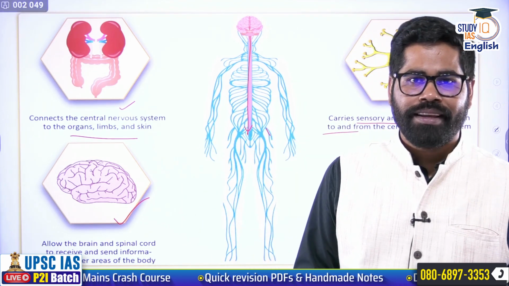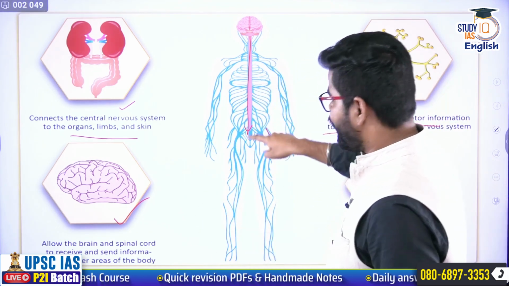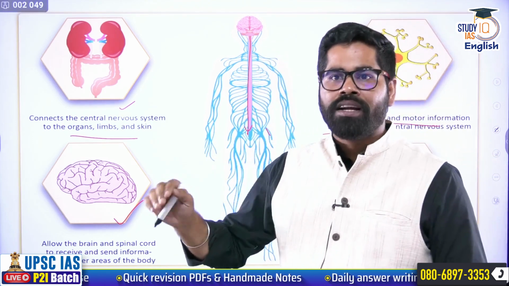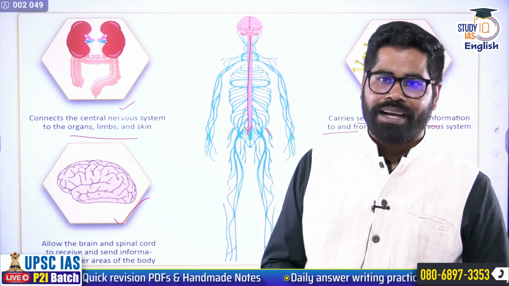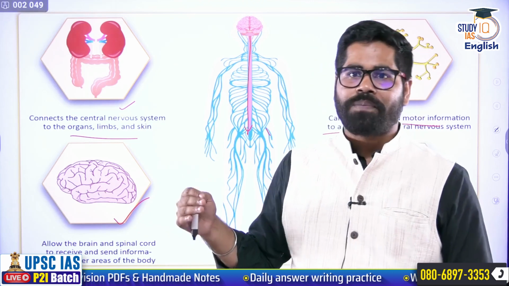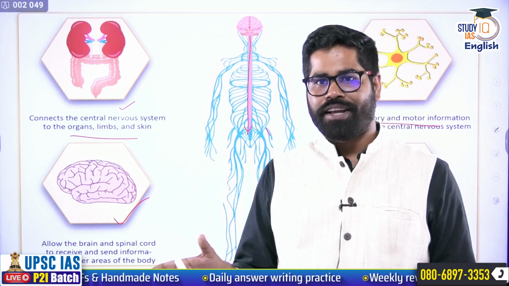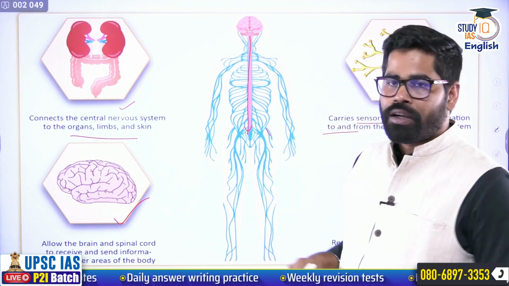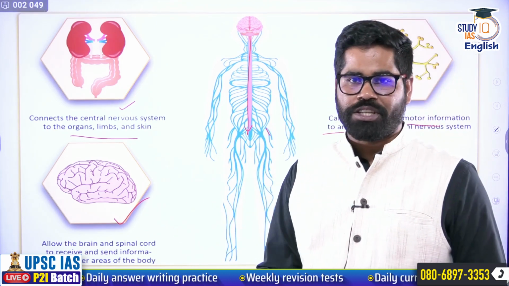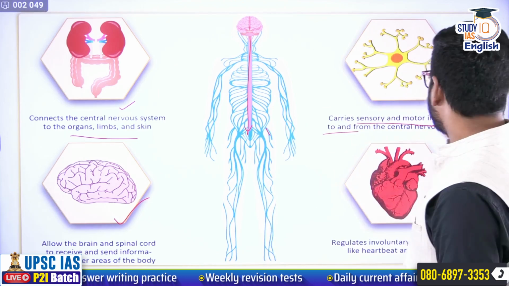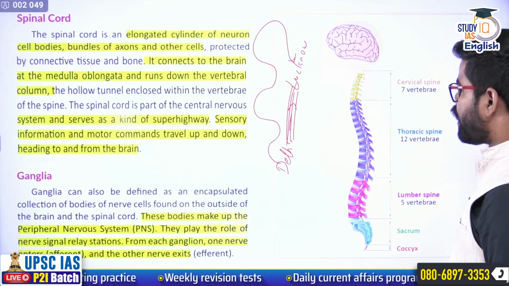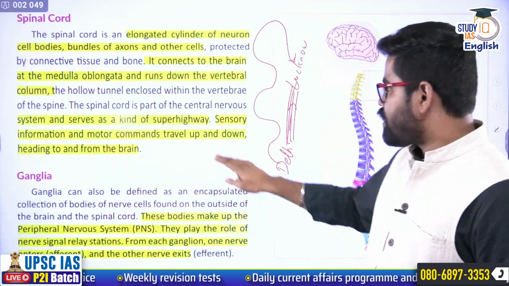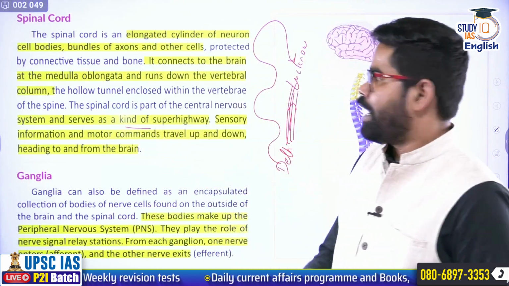So this is that highway which is going from the brain to the end of the backbone, and from this spinal cord all the other nerves are also getting connected. So it helps in quick exchange of information. That is the role of the spinal cord in our body, acting like a kind of superhighway.